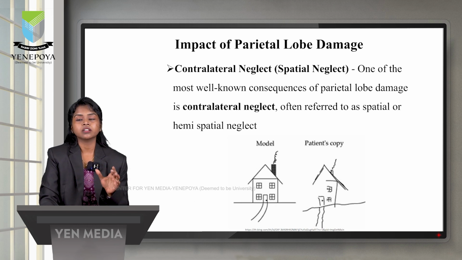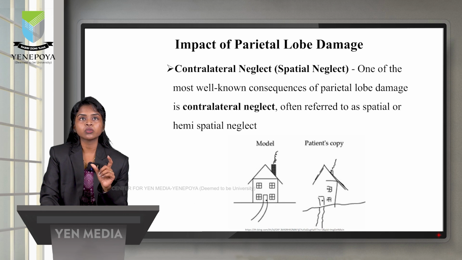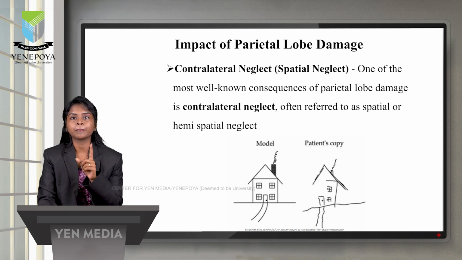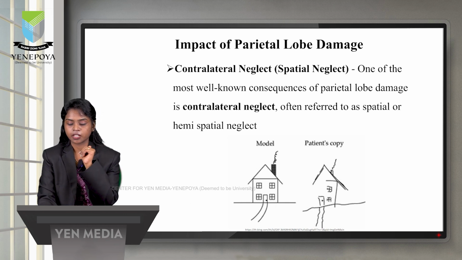An individual affected by parietal lobe damage couldn't see the image completely. You can visualize in this picture, the complete model is given as a complete home, but in the patient's copy they are able to see only half of the image.